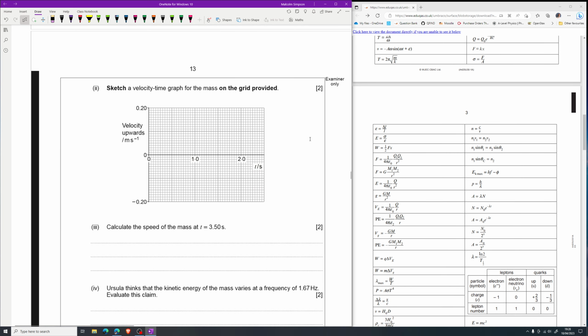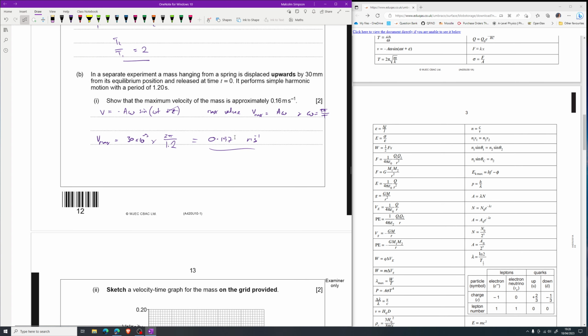Okay, sketch a velocity time graph on the grid provided. So the information we need is back here, isn't it? We've got a time period of 1.2 seconds. We've got a maximum value of 0.16, and we know that there was no phase constant necessary to add on because this was released from 30 millimeters upwards at time t equals 0.